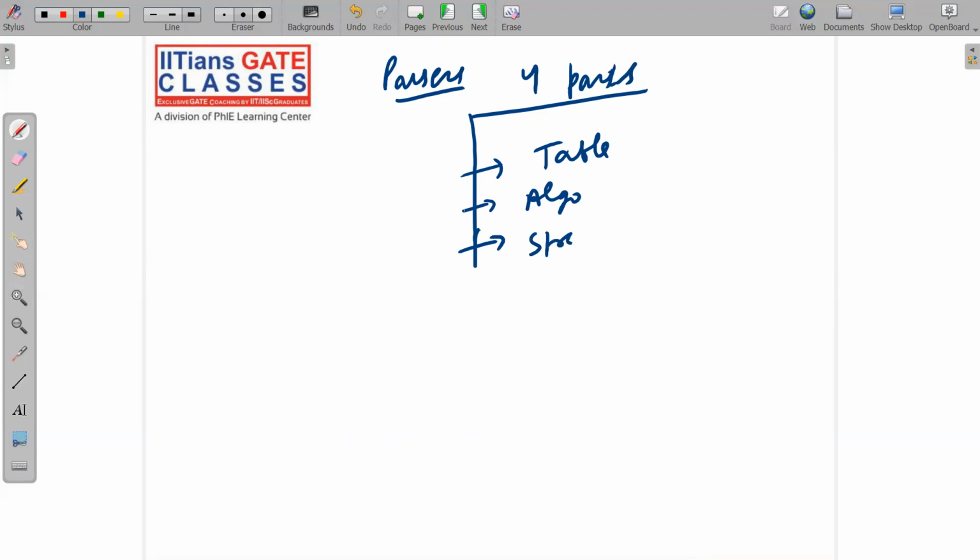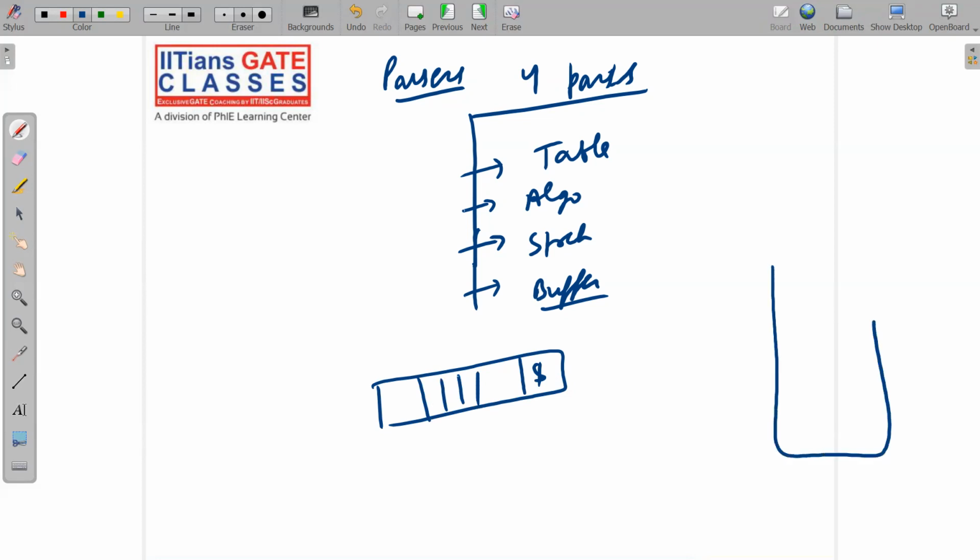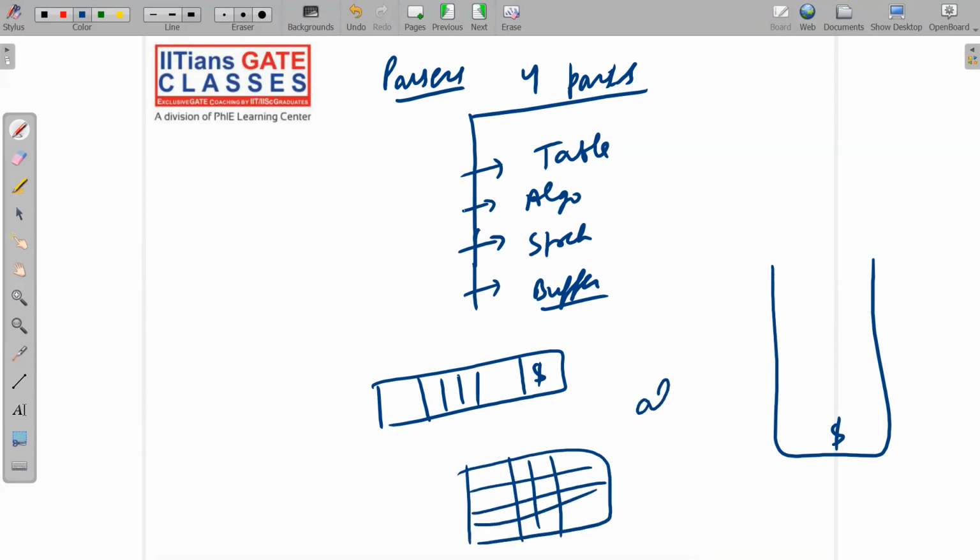Third is the stack, and fourth is the buffer. The buffer will store the string, with a dollar at the end. We have a stack with a dollar at the bottom, and we have a table like this, and we have an algorithm. Same scenario here. The algorithm will decide what to do and so on.